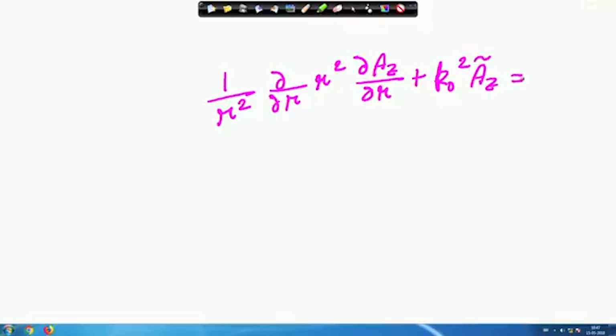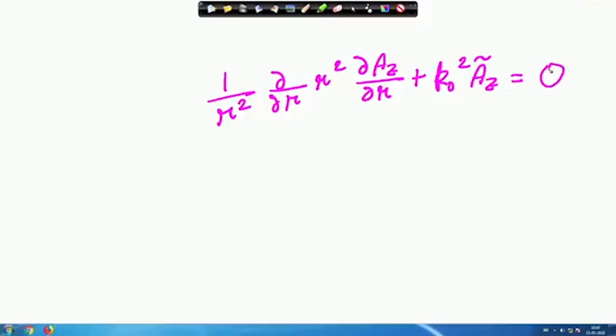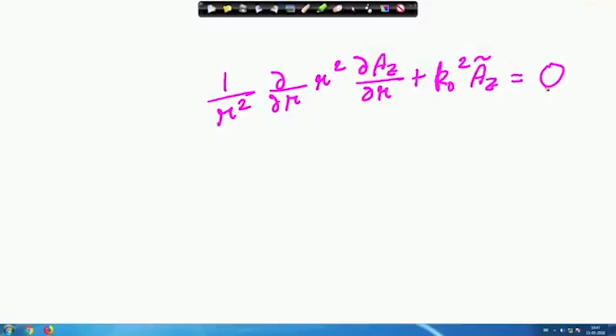Here you know that for the solution of any inhomogeneous differential equation, first we solve the homogeneous equation. That gives us the general solution, and then we add to that the particular solution. That we will do by putting the source value, that means the Jz value.